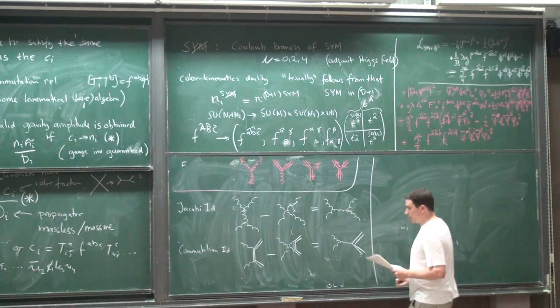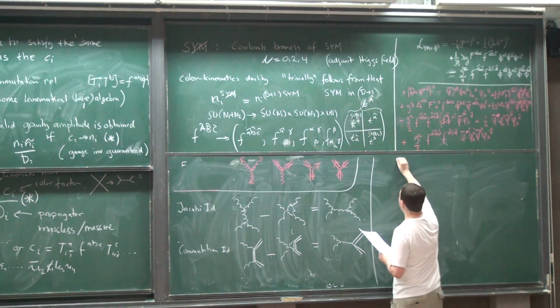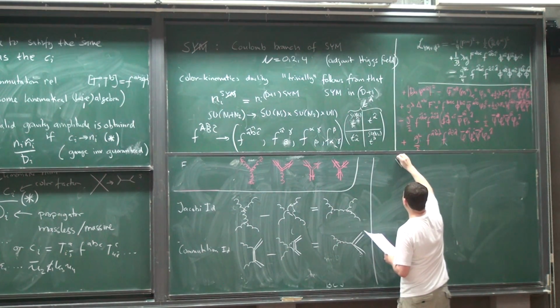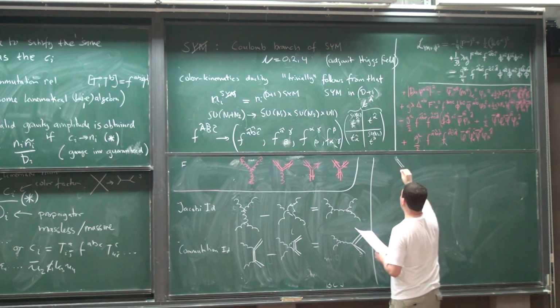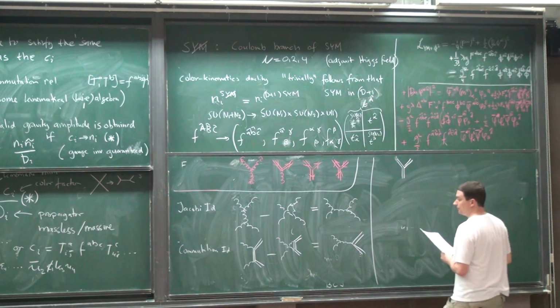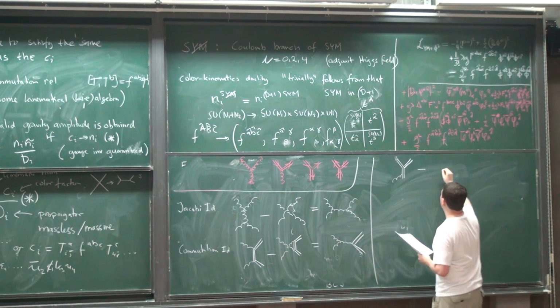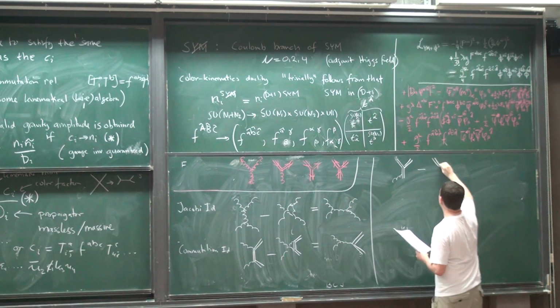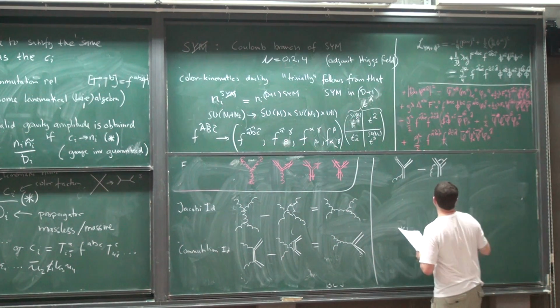But then there's three more identities. So in particular, let's say that you have one of these Clebsch-Gordan coefficients, and then you attach a gluon to it. So I can attach a gluon here, or I can attach a gluon over here, maybe, on this side.